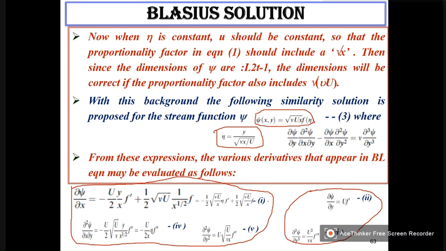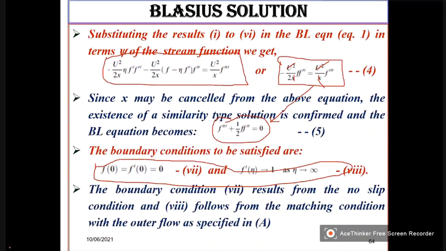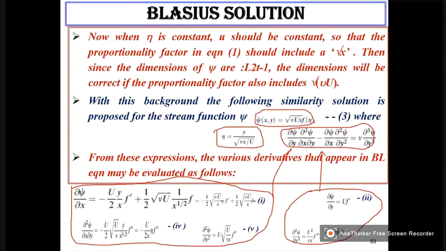And then substitute all these things in this equation. And you should get this equation finally. You note this equation first in your notebooks. It is f triple dash plus half f f double dash is equal to 0. After noting that, then you do the working.